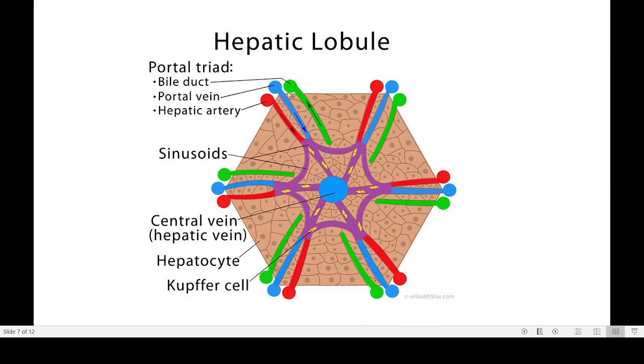Normally at the corner of each hexagonal lobule, we can find 3 tubes. One is a bile duct, another is a portal vein, and third one is the hepatic artery. They are placed together, so that is why they are known as the portal triad.